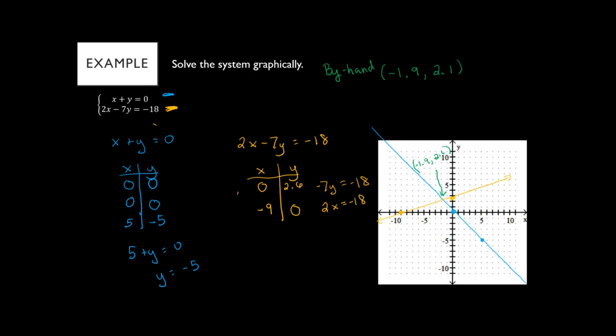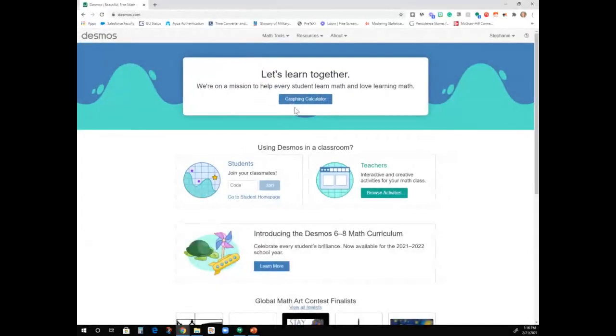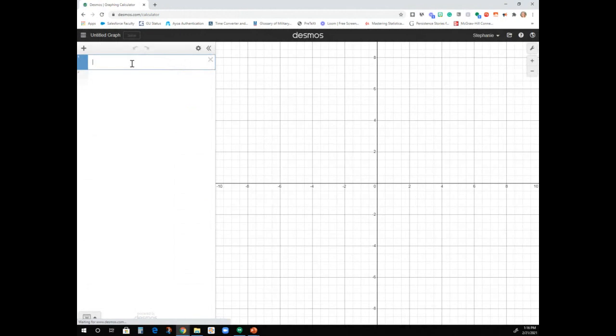So let's actually use Desmos to get the exact answer, or at least as best we can, and see how good we are by graphing by hand. So I've got Desmos open here. And I'm just going to hit graphing calculator. And then I'm going to enter in the two equations. So I just type exactly what I see.